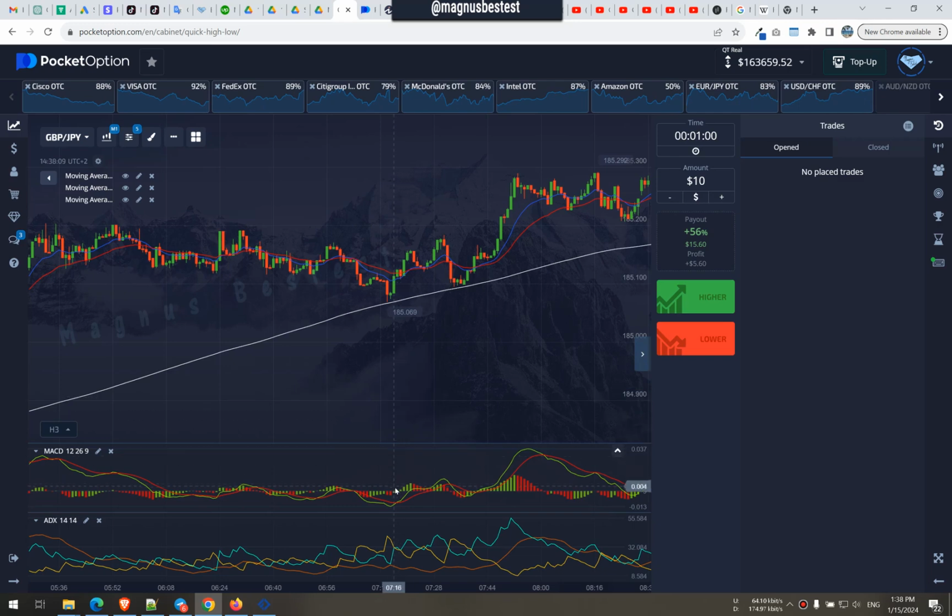We should be taking a signal. Let's see what ADX says. And truly, ADX also tells us we are above 25. So it means we are in a trend, also according to ADX. But this was just a very quick usage of ADX.